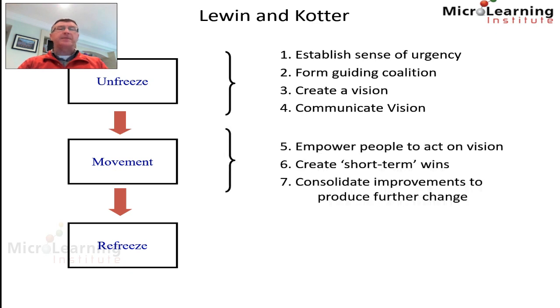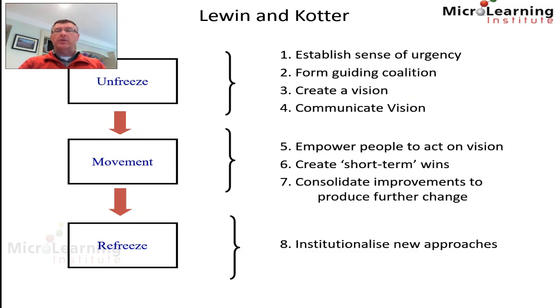The next 3 steps that Kotter introduced to us, of empowering people, creating wins and consolidating improvements, have to do with Lewin's language of movement to the new position. And the last step of Kotter's process, where we institutionalize the new approaches, is pretty consistent with Lewin's refreezing concept from Lewin's model.